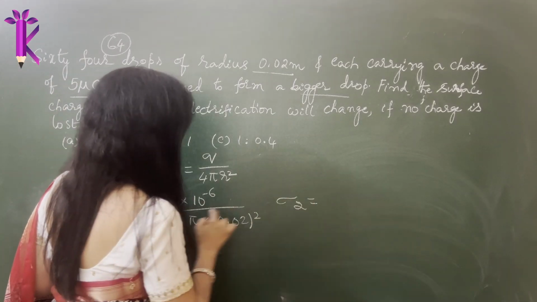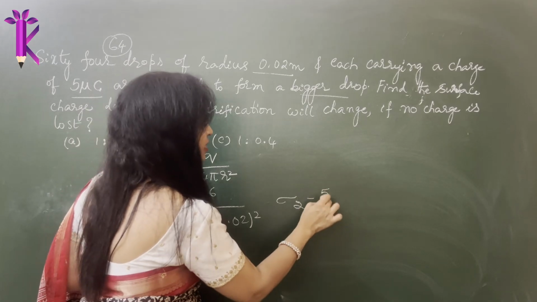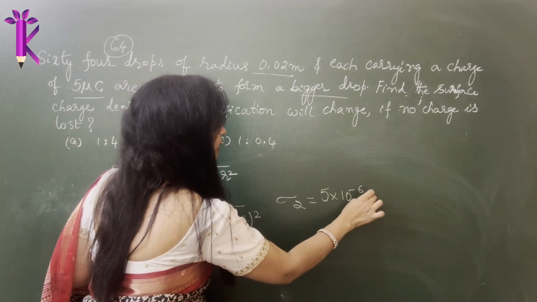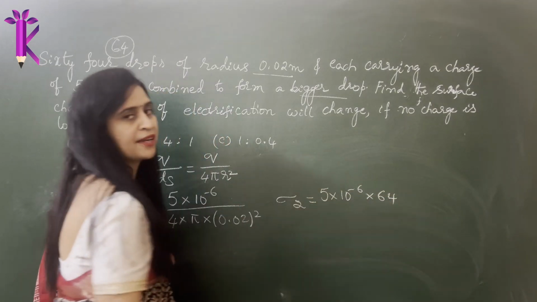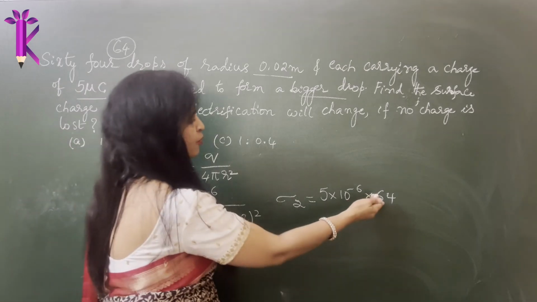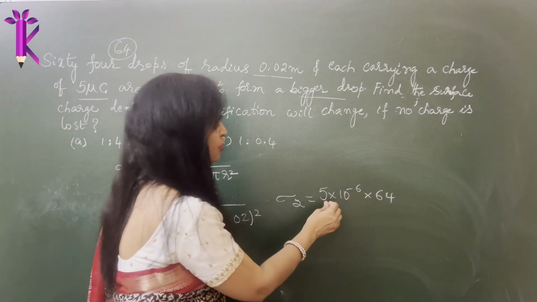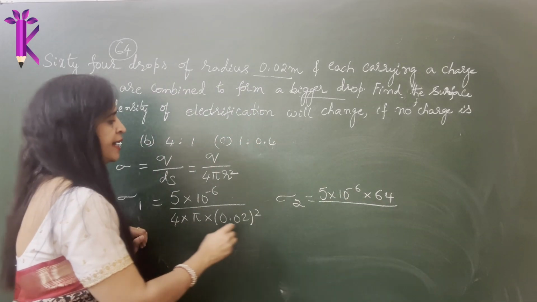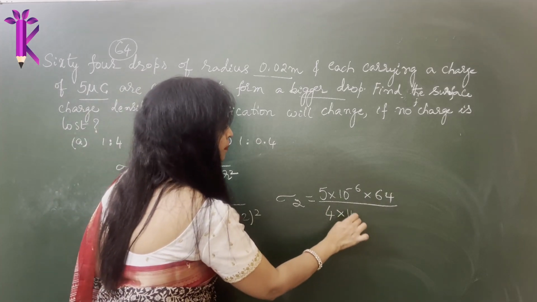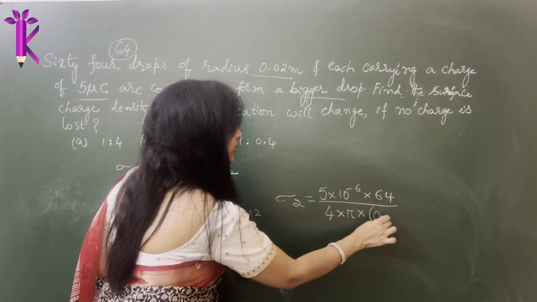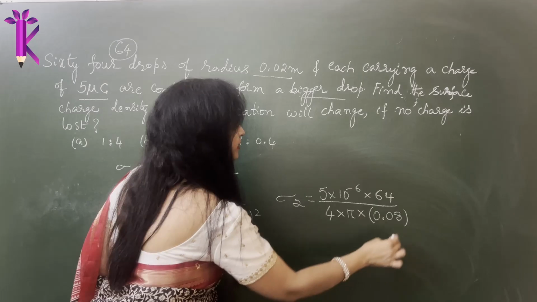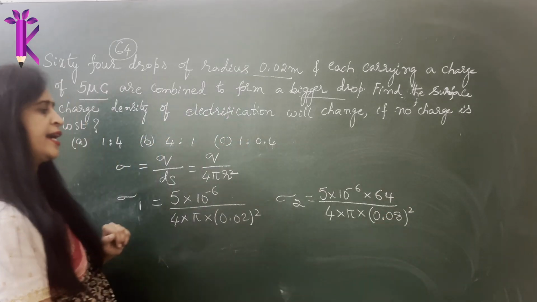The bigger drop also has a charge. Each drop has 5 microcoulomb, but how many drops are there? You have to multiply with that many drops. So 64 drops, each carrying a charge of 5 microcoulomb, divided by 4 pi r square, 4 into pi into the radius of the big drop which we calculated, 0.08 the whole square.